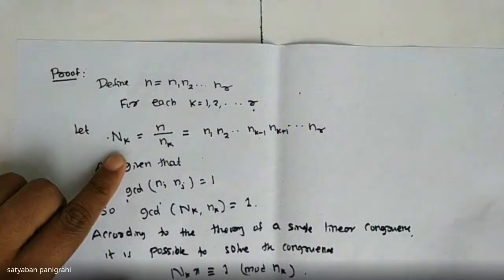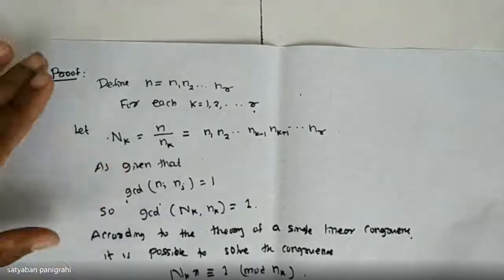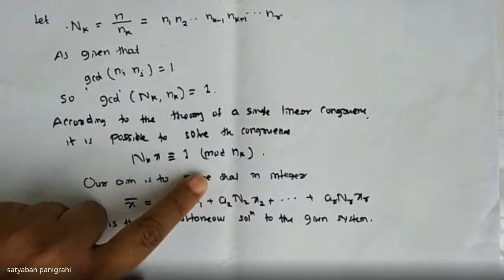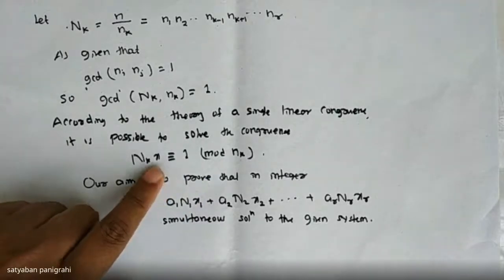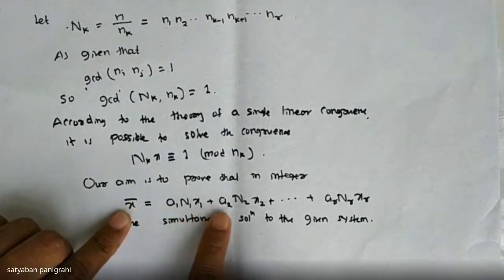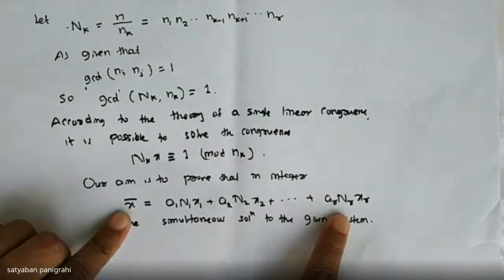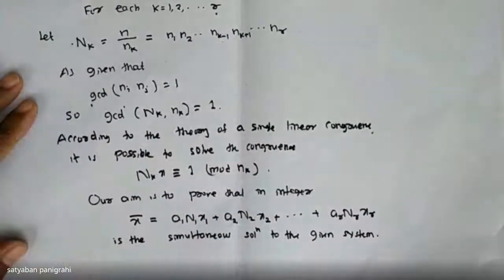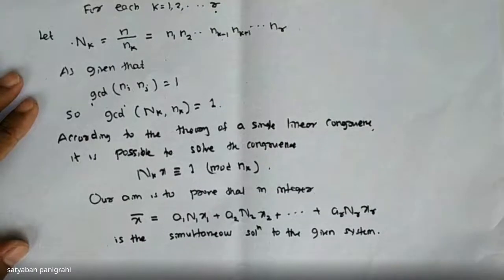After capital Nk, we have to solve Nk x congruent to 1 mod nk, and after finding this x, we will go for x̄ as a1 N1 x1 plus a2 N2 x2 plus ar Nr xr. In this single page, we have the procedure of how to solve the system of linear congruences using the Chinese remainder theorem.